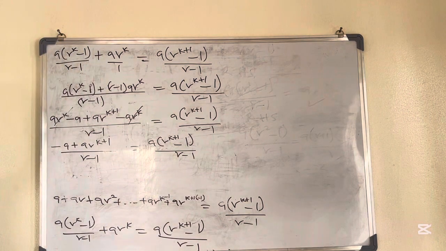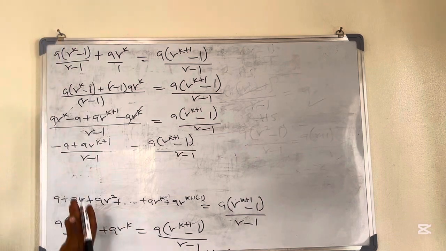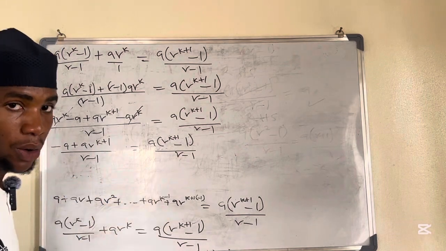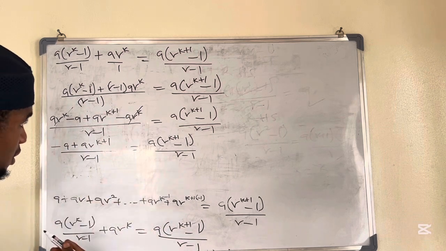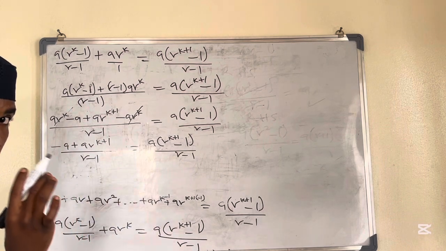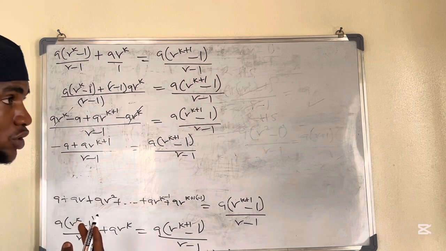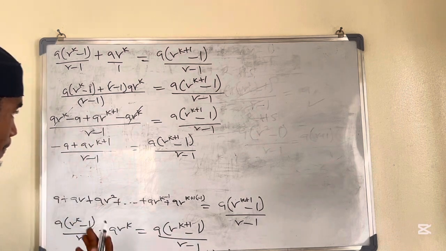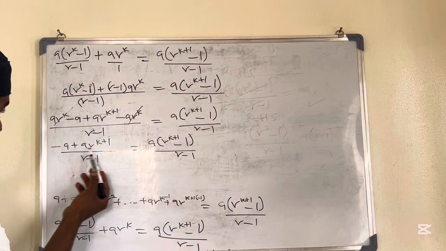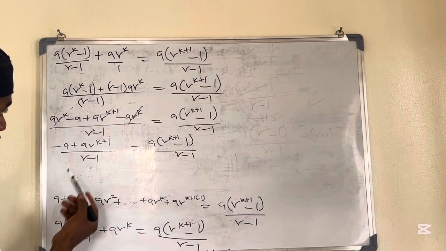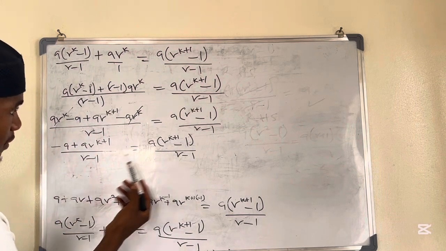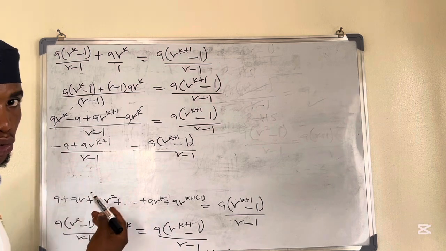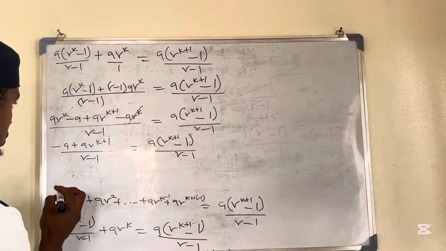So what can we do to see that our left hand side is equal to our right hand side? We have a, which is common between this side and this side, so we're going to factor out a.